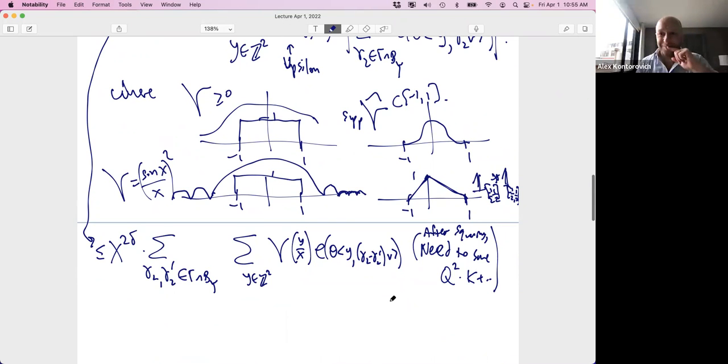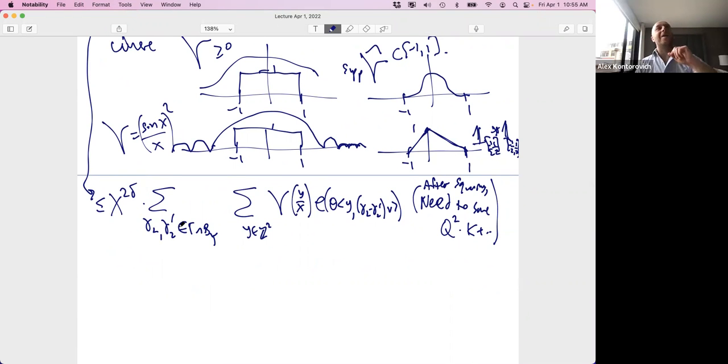What are we going to do with the sum over all pairs of integers? Reverse them? We've already reversed. We have this y sum on the outside, the gamma 1 and gamma 2 sum. We reversed orders.